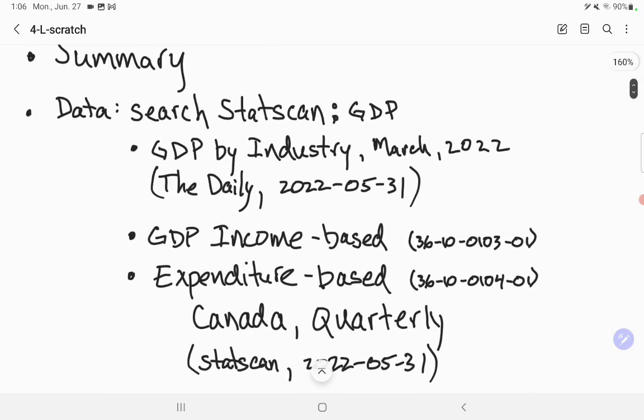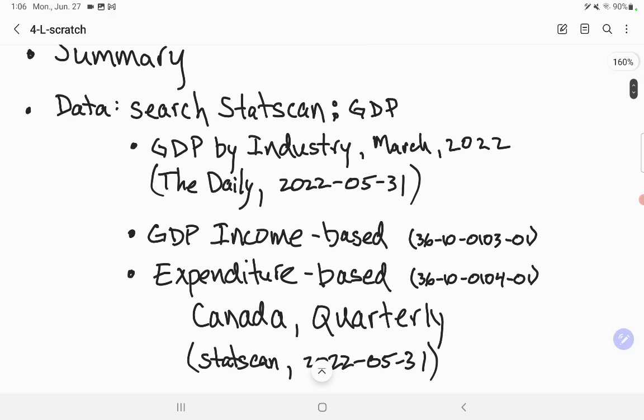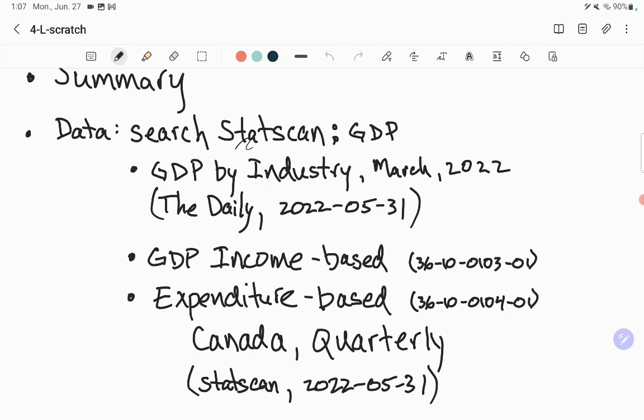I have some data that's not in the textbook, and it's not tested. I'm not going to test you on the latest data. But if you're ever interested in finding out where economists get their numbers, or if you need some economic data, the place you go is Stats Canada, StatsCan for short.